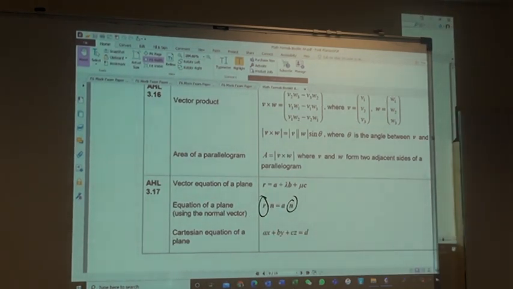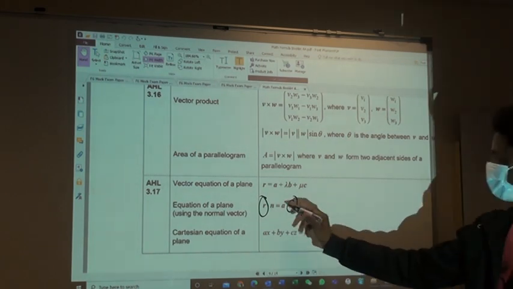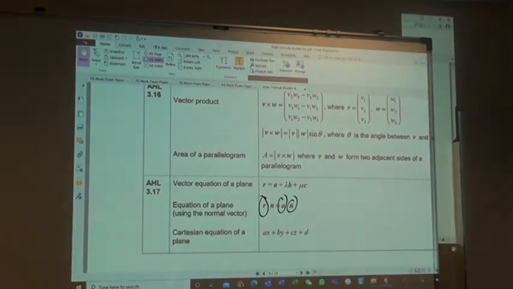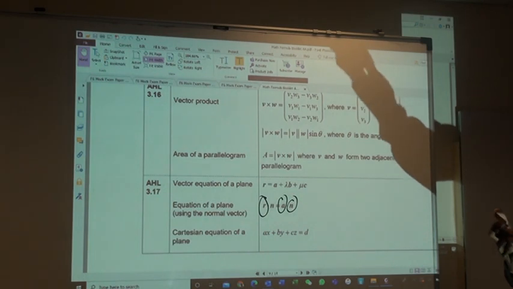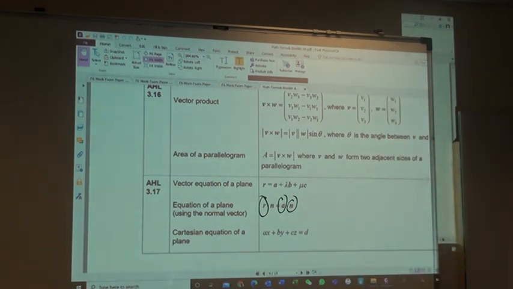What does your r represent? Any arbitrary point, your x, y, z. And what does your a represent? A known point, like 1, 2, 3.